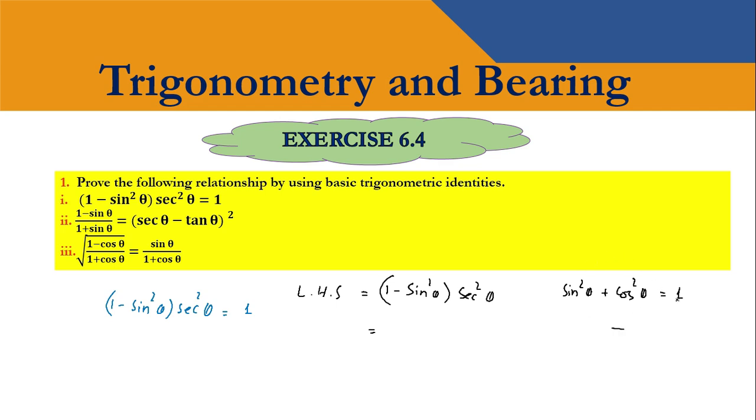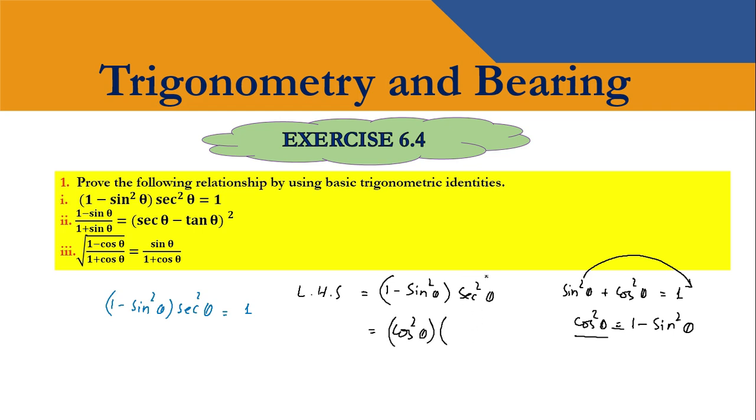From this identity, cos square theta is equal to 1 minus sine square theta, if we take sine square theta to the other side of the equation. So 1 minus sine square theta is equal to cos square theta. Now we will put the value of 1 minus sine square theta here, which is cos square theta.